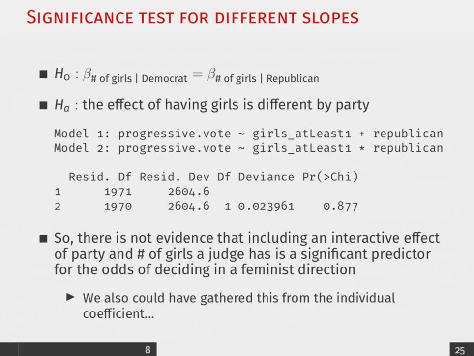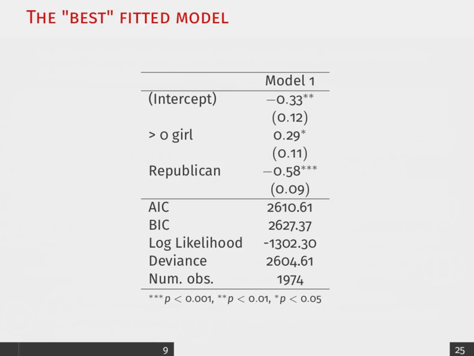Now that we know we should be using an additive model instead of the interaction model, let's actually run that. So here we have the estimated coefficients from the additive model where we just are using any girl. So 1 is any girl, 0, no girls, plus whether or not judges were appointed by a Republican or a Democratic president.